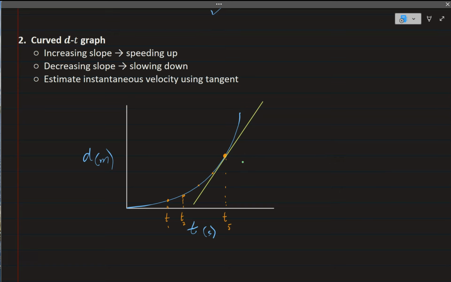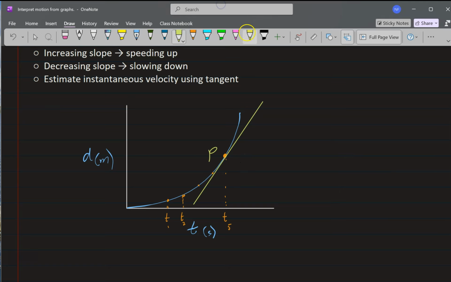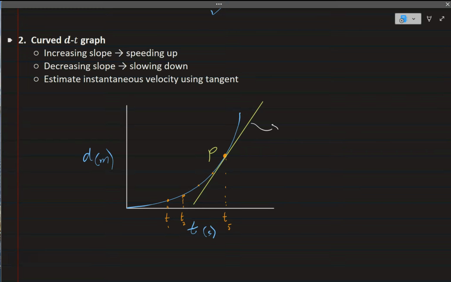Let's call this point P. And this line we call a tangent line. In geometry, if we have a line that touches a curve, we call it a tangent line. If a line crosses a curve, we call that a secant line, but you don't have to worry about that. The tangent line you do know, and in geometry 11, Euclidean geometry, you will learn about tangent lines. At the point P, that's the only point that this line is touching the curvature of the dt graph. You solve for the slope of this line.